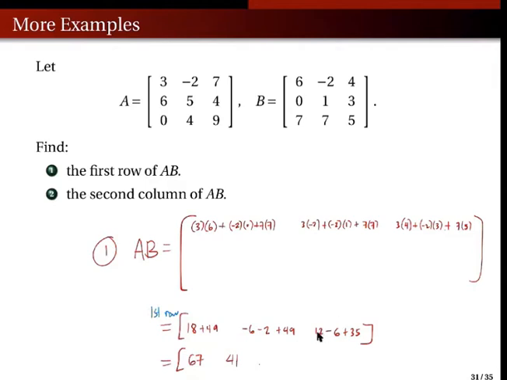And then in here you have 12 minus 6 plus 35, that's 41 again. Please check my arithmetic there. So this is the first row of AB.